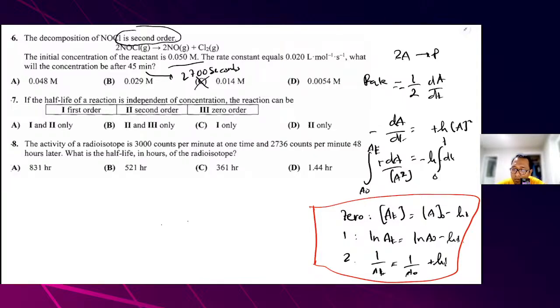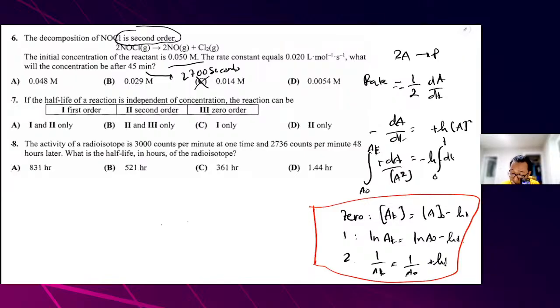And then remember again, we also have the half reaction. So for half reaction, we can use, what? Wait. If we want to use zero order, put in there plus, right?